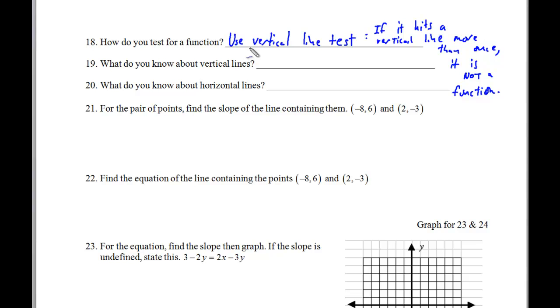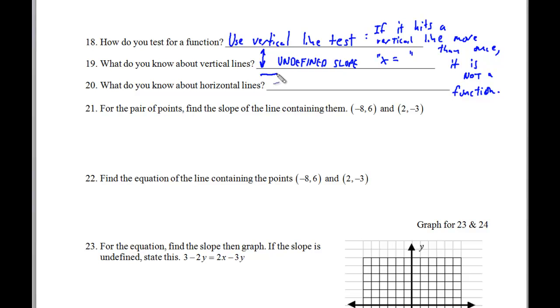Now, vertical lines that go up and down, what do we know about those? Well, they have an undefined slope, and the equation is x equals wherever it crosses the x-axis.